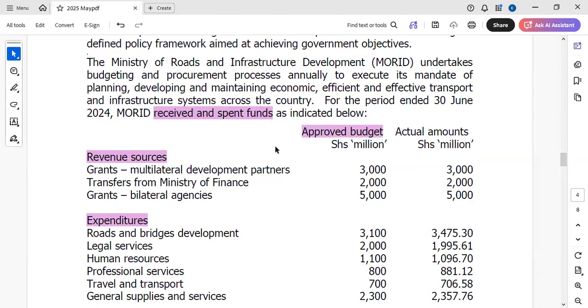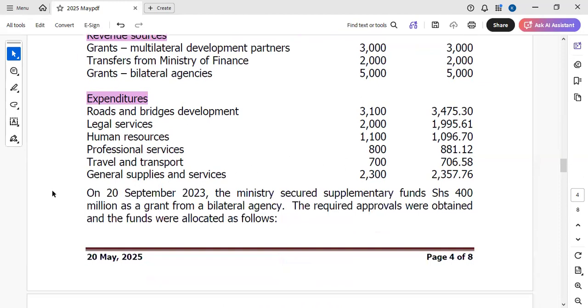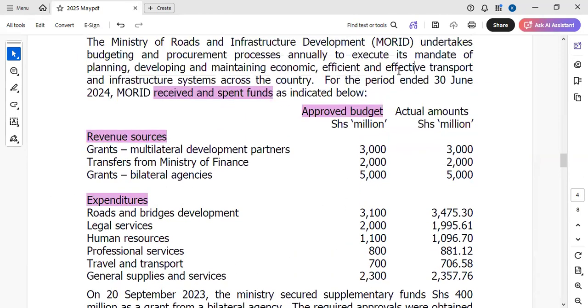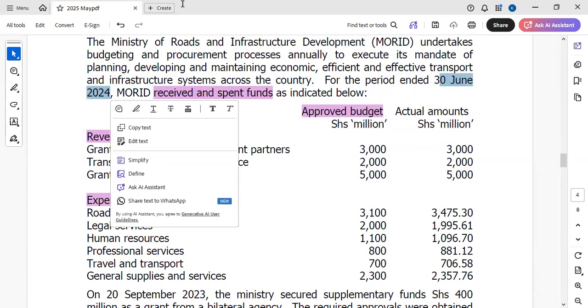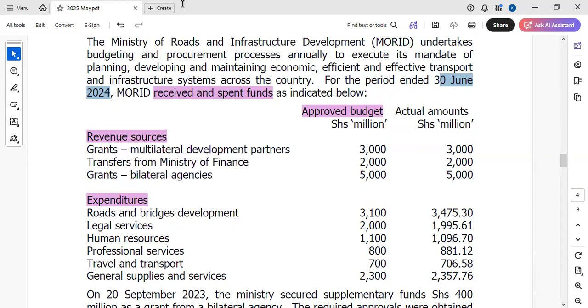But they are telling us that on September 2023, when did this year commence? If the year is ending 30th June 2024, it commenced on which date? It is 1st July.